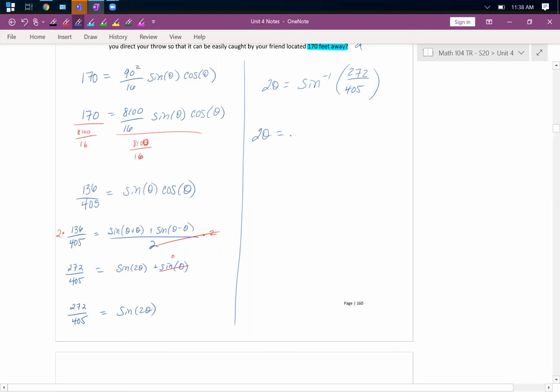Sine inverse of 272 over 405 gives us 42.1911.